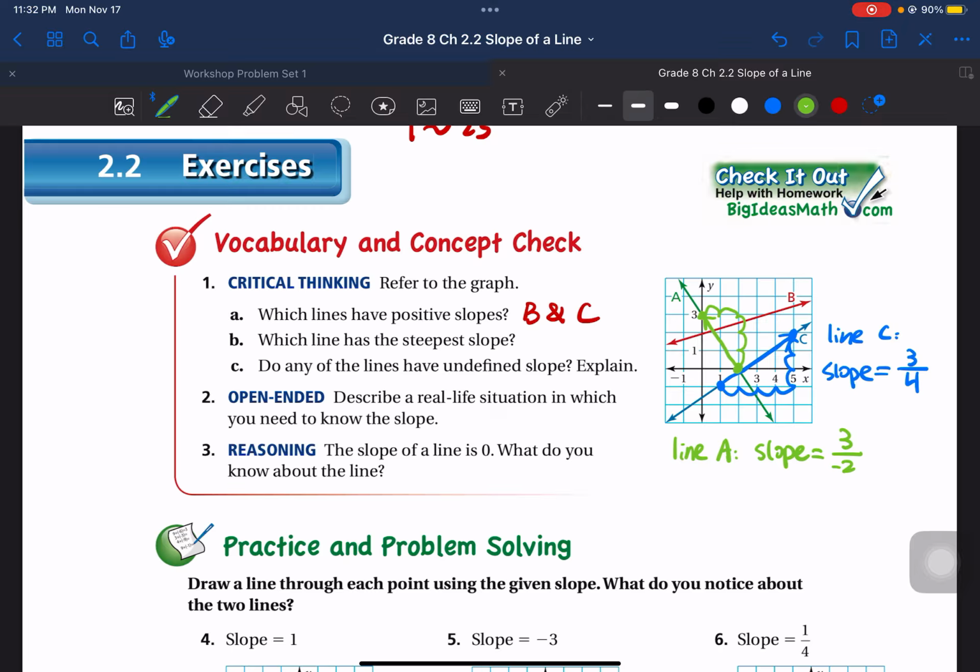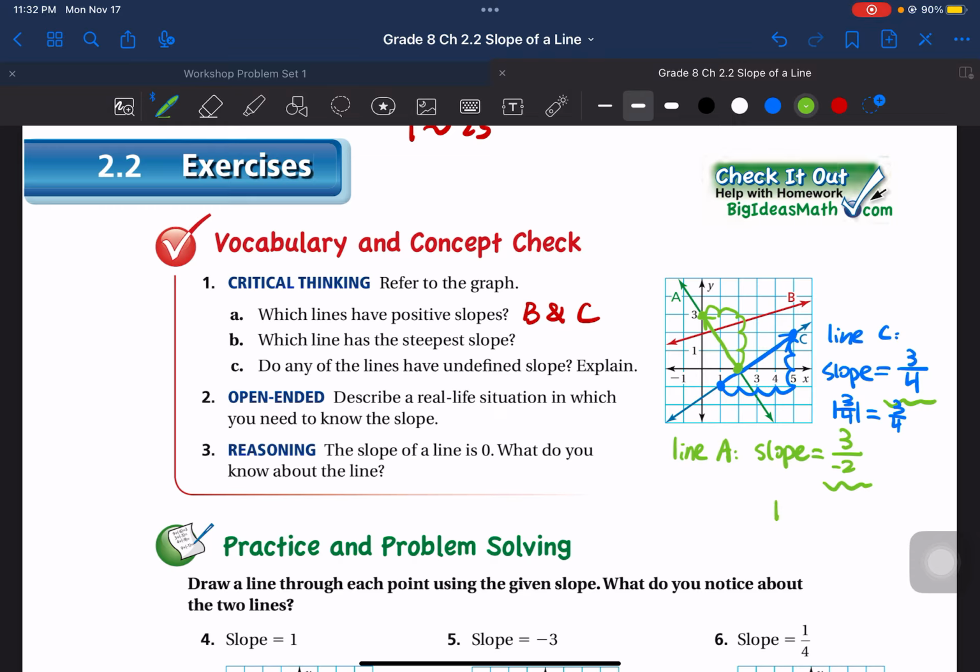So we just need to compare 3 over 4 and 3 over negative 2. To see which one is steeper, we just need to look at the absolute value of the slope. The absolute value of a positive number is always itself, so it's still 3 over 4.